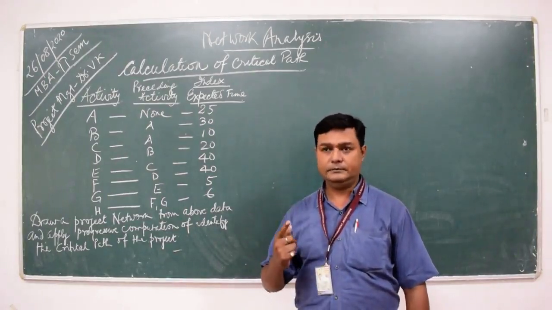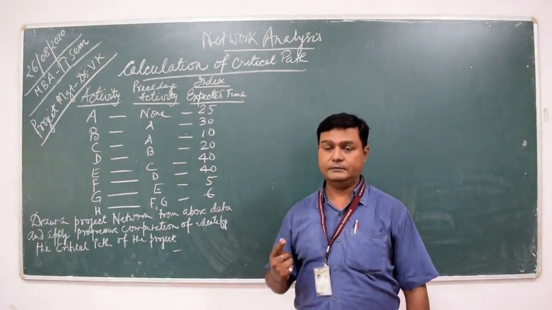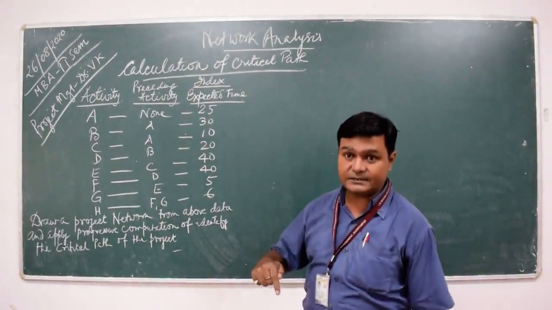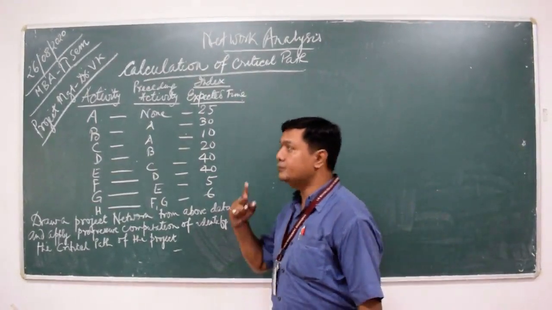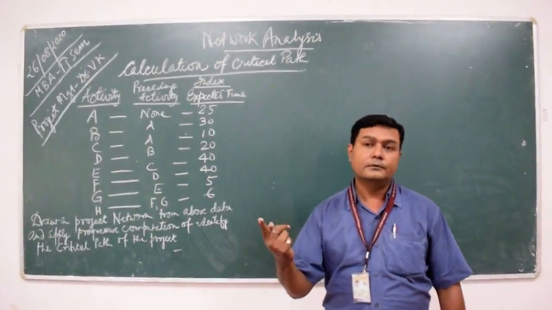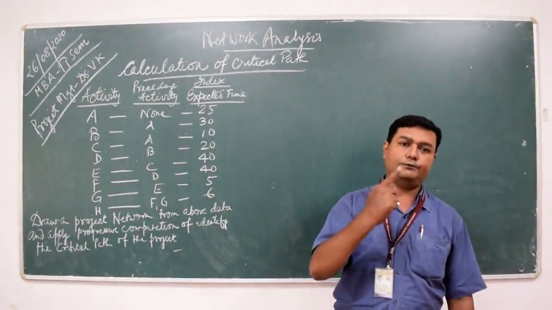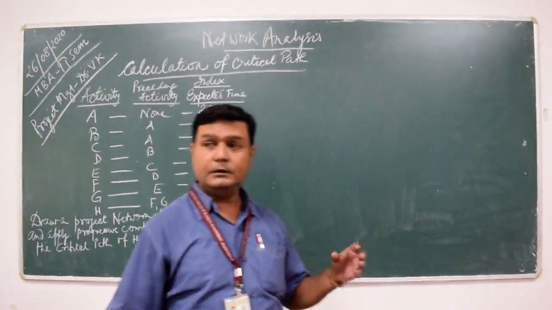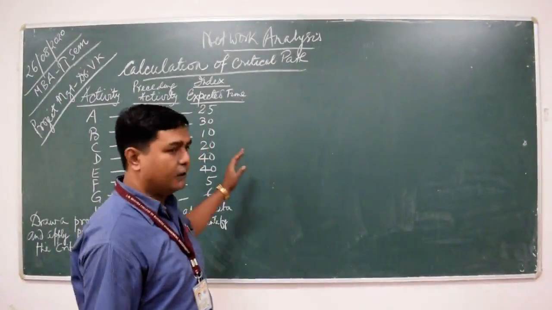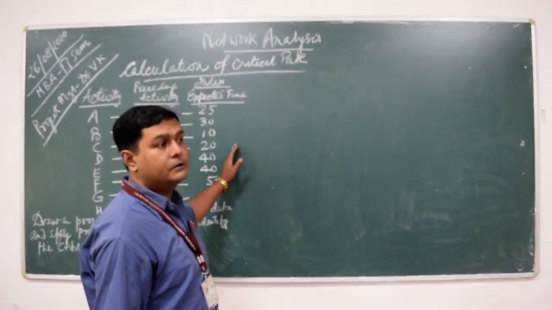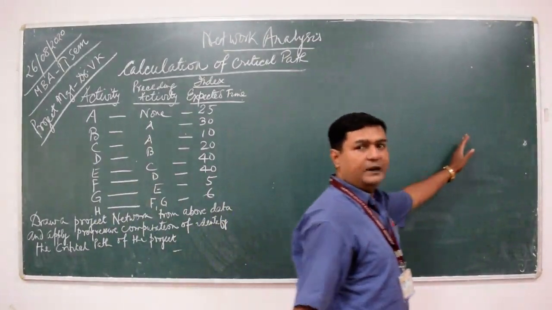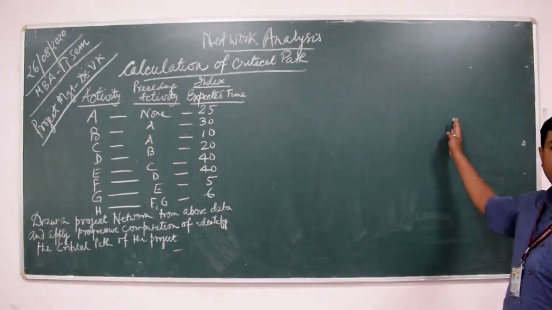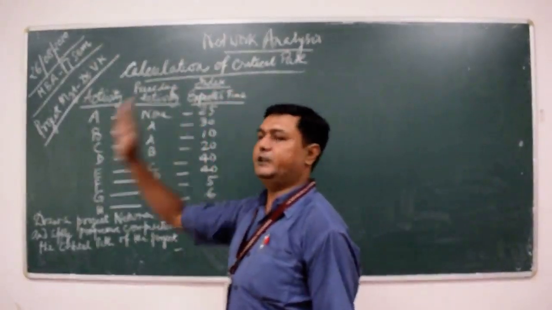The first method is known as the critical path method, which has two steps: calculation of the forward pass and calculation of the backward pass. In the forward pass, we start from the initial event and move towards the final event. Similarly, in the backward pass, we start from the final event and move towards the initial event.